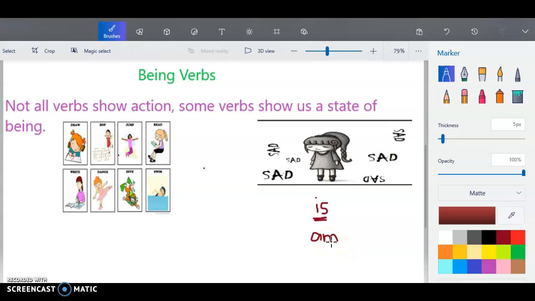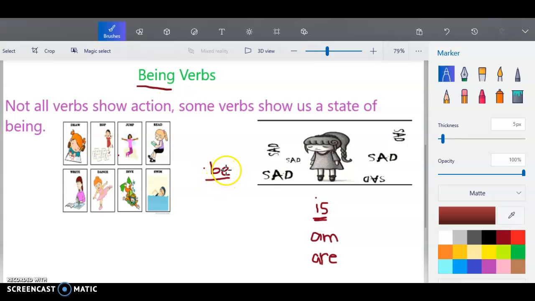Now, what if I start talking about a few people? Let's say I'm talking about Alyssa, Robert, and Gordon, and I want to use a third person pronoun. I would say they are sad. So these verbs that I'm writing down here are forms of the verb be. This is why we have being verbs, because it's something that they are.